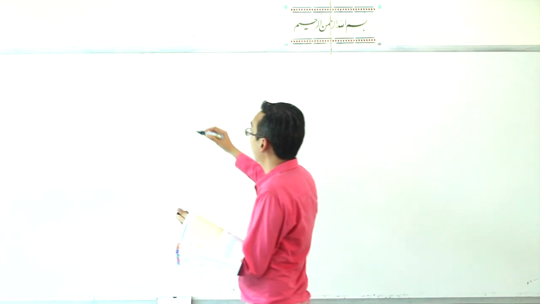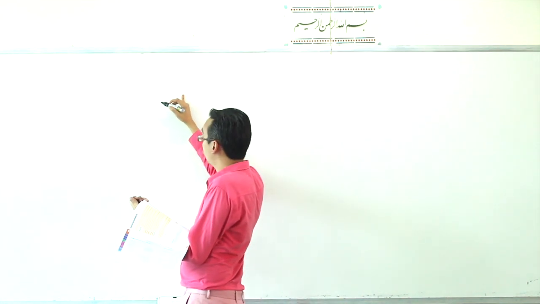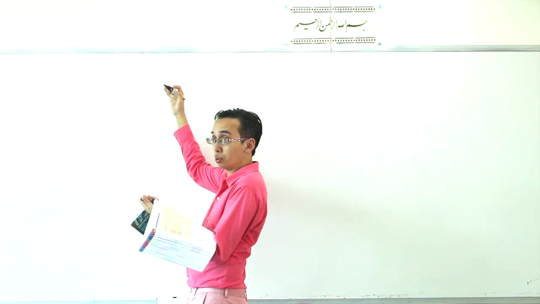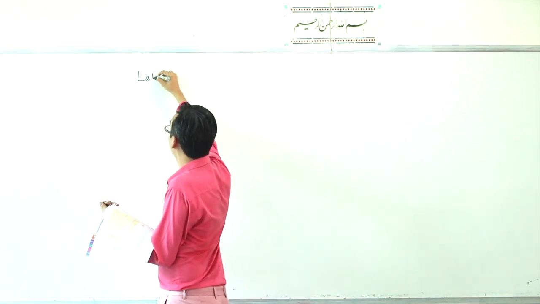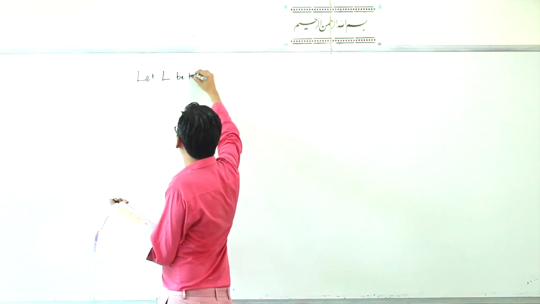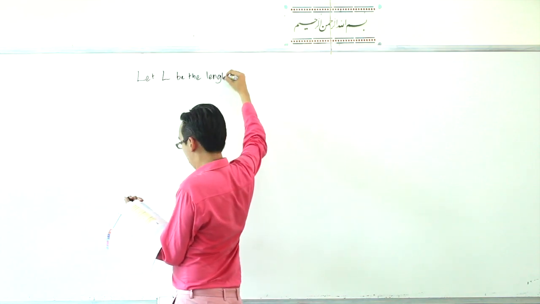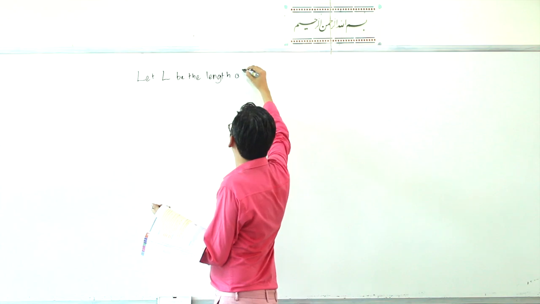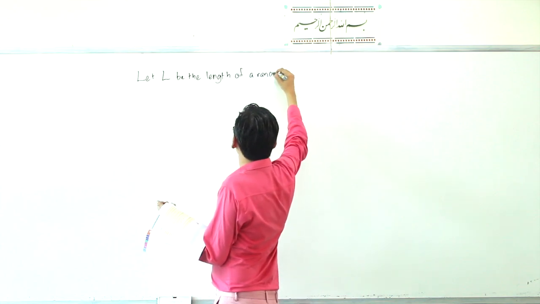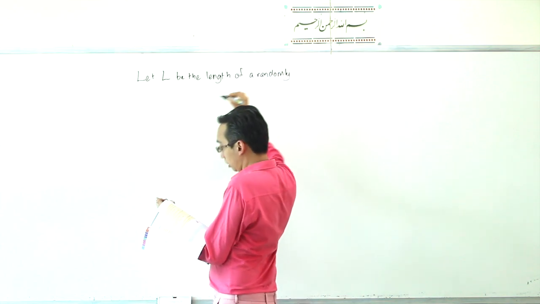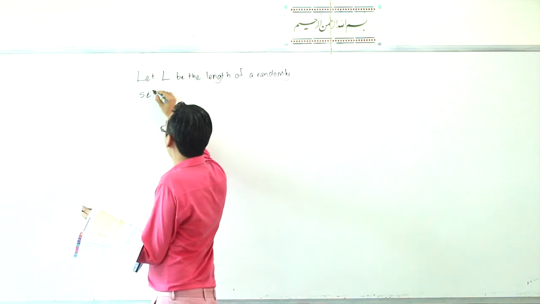Let's do that. First things first, we need to call the normal distribution. So we let L be the length of a randomly selected trout.